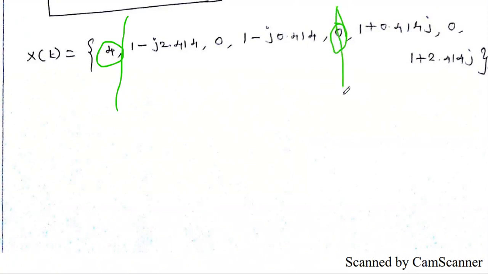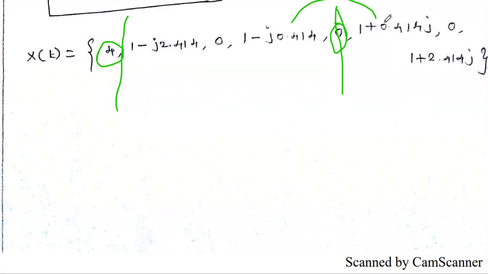So with this center sample, you just see the first two adjacent samples and check whether they are complex conjugates. What is this answer? 1 minus j 0.414. What is the complex conjugate of 1 minus j 0.414? 1 plus j 0.414.